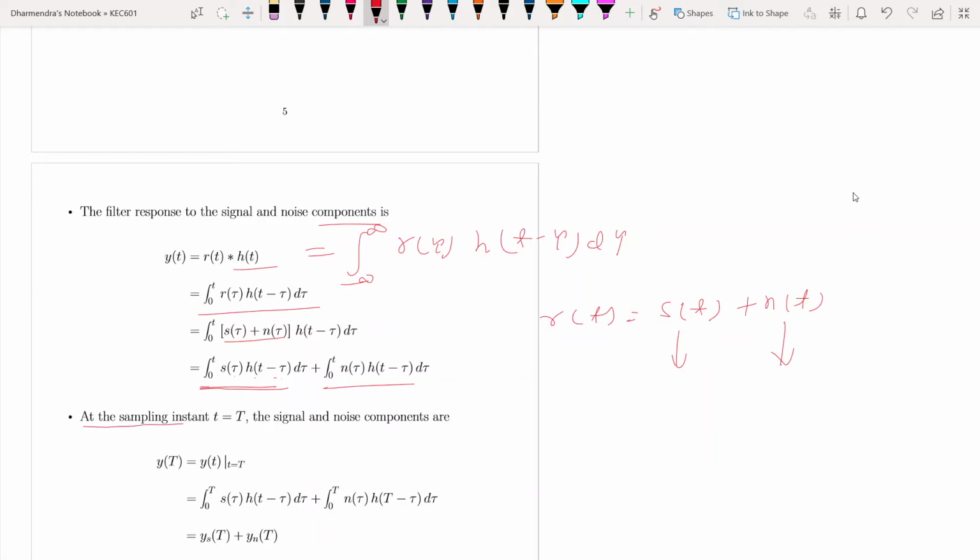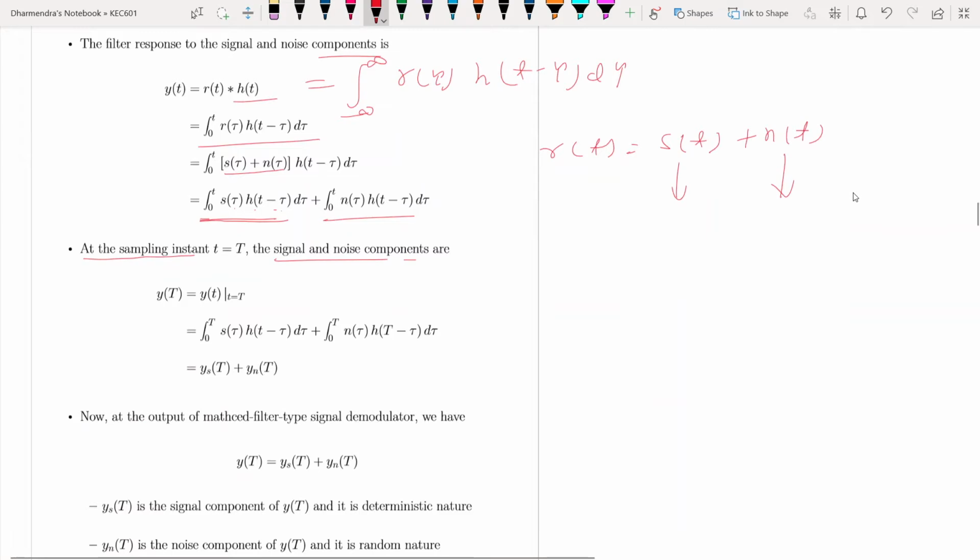So at the sampling instant, we get the signal and noise components. Substituting t equal to capital T, here it will be capital T like this. So this part is the signal part and this part is the noise part at the output of the filter.